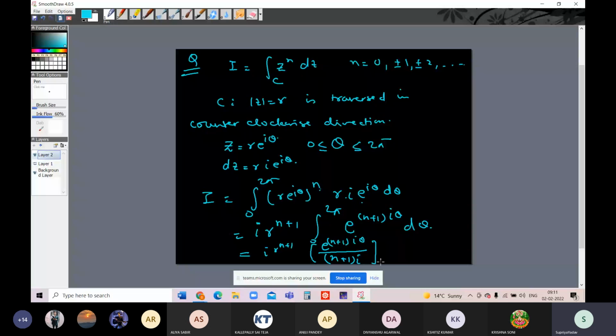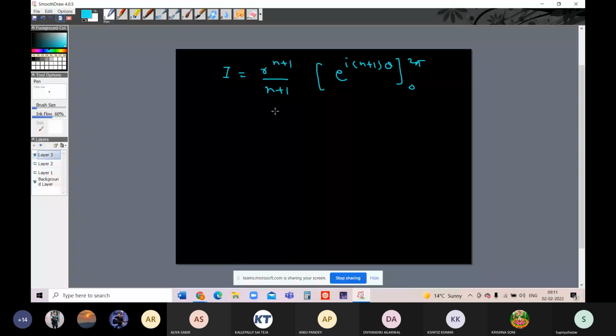So I will be r^(n+1) over (n+1) i times e^(i(n+1) theta) from 0 to 2 pi.